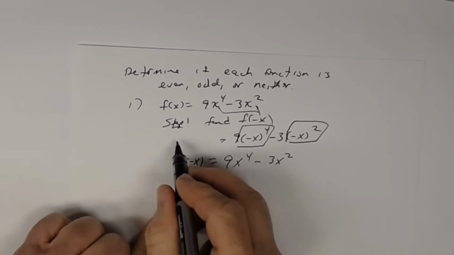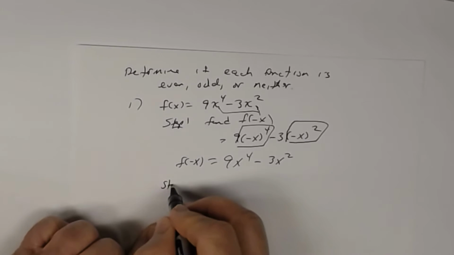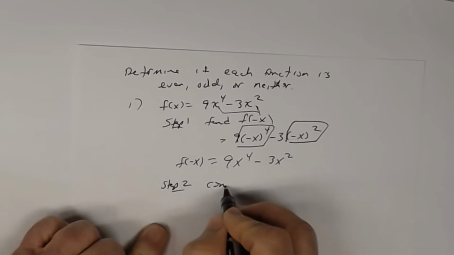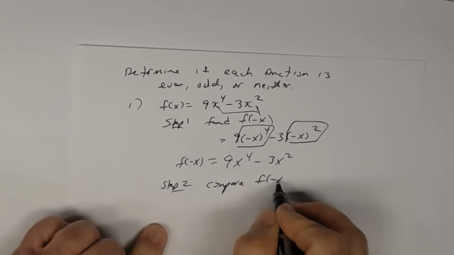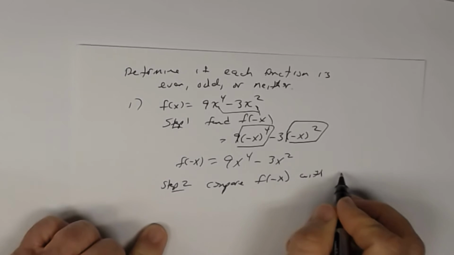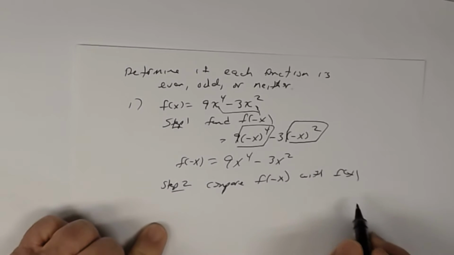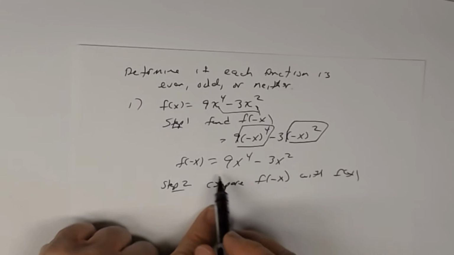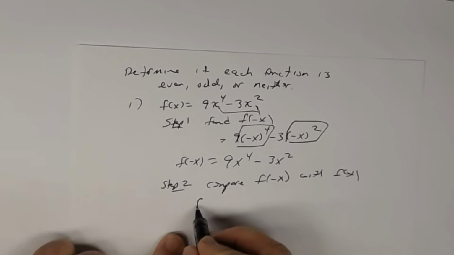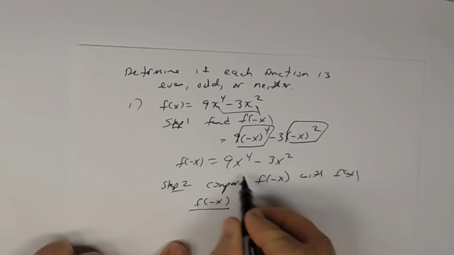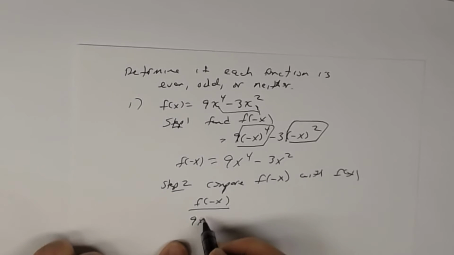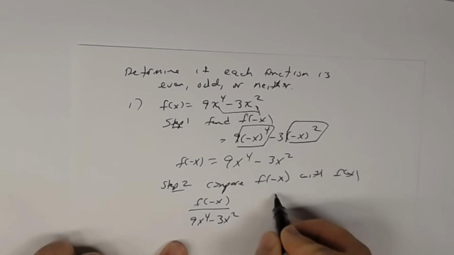Now, that's step one. Step two is to compare f of negative x with f of x. Well, I want you to notice something. F of negative x is 9x to the fourth minus 3x squared.